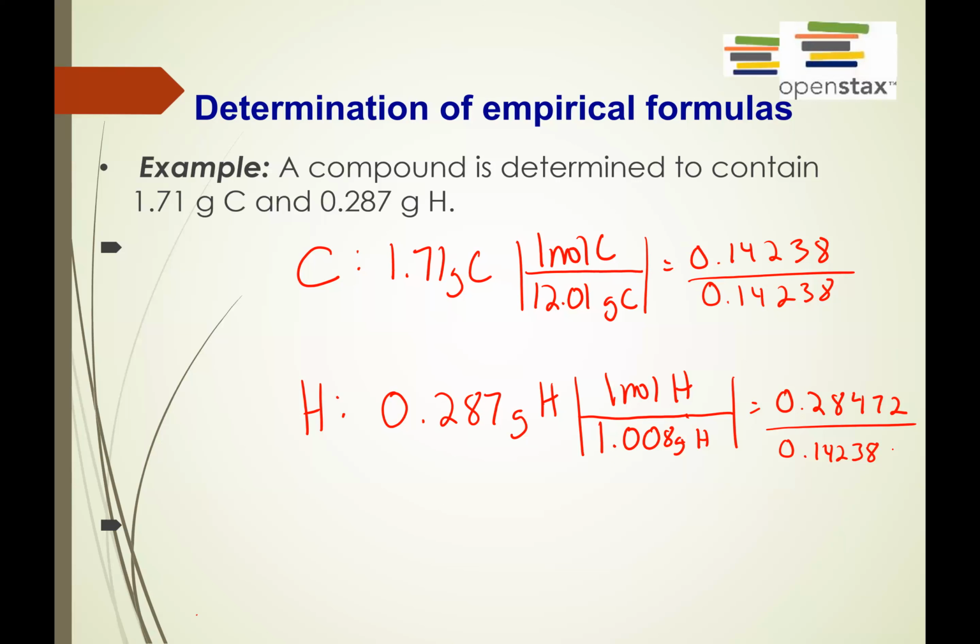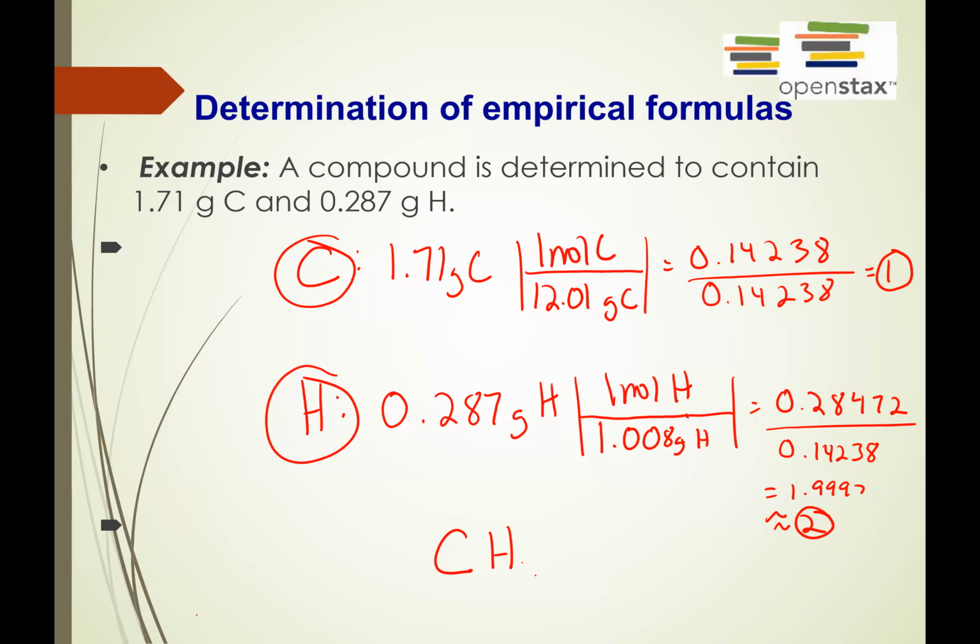We divide everything by the smallest number. This one gives us 1, and this one gives us 1.9997. That is close enough to 2. So now we have 1 carbon and 2 hydrogens.